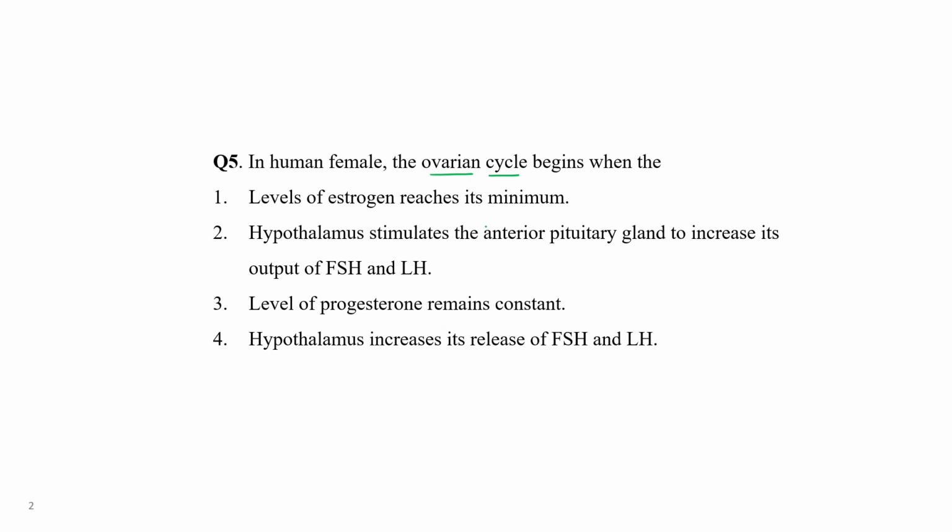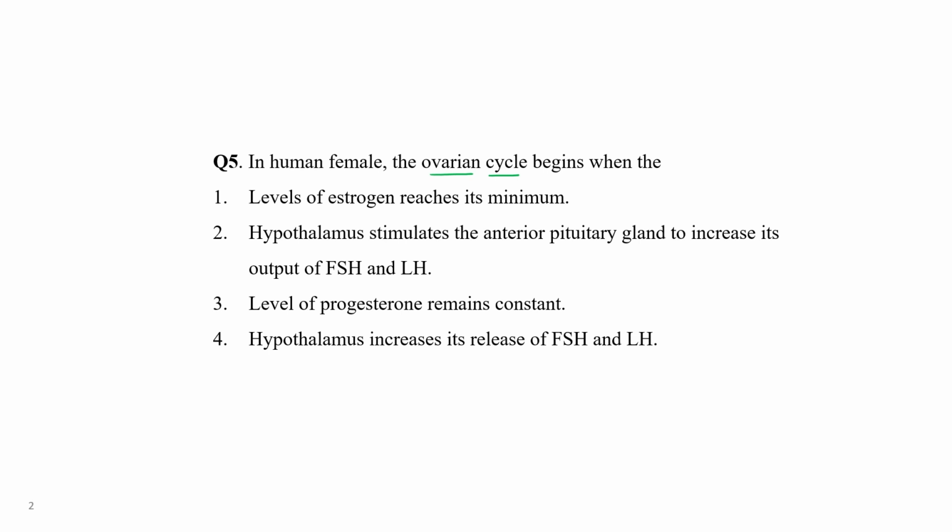This gonadotropin hormone further stimulates the anterior pituitary for the release of follicle stimulating hormone and luteinizing hormone. These further affect the gonads, male and female, to release their own hormones like estrogens and others.